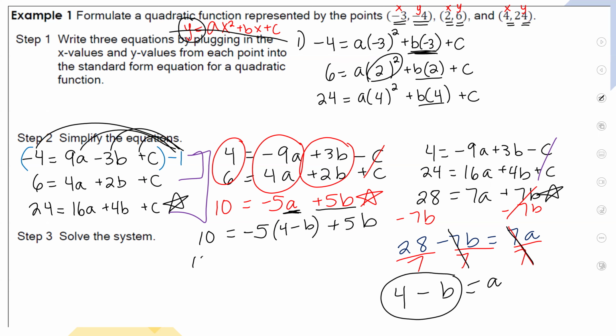We get 10 equals negative 5 times 4, that's negative 20. Negative 5 times negative b, that's positive 5b plus 5b. 5b and 5b, that's just 10b.